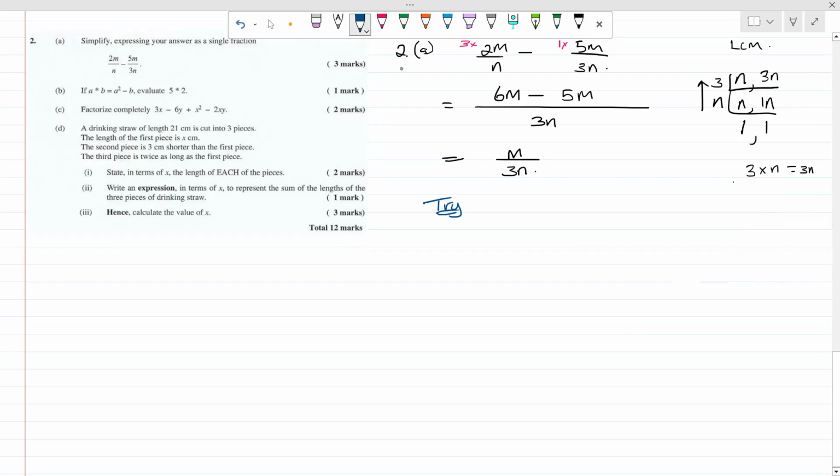We're doing 4 over 3p plus 2 over p. Similar to what we do there, right? Both of them have the same p's. You have a 3 there.